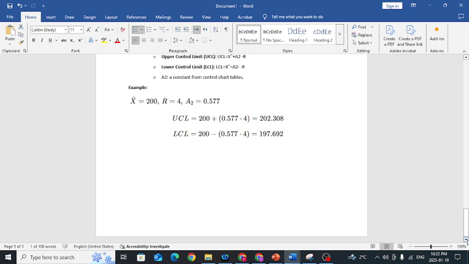If all points are within the limits and show no unusual patterns, the process is in control and performing as expected. So at first you find the X bar, then R, then the A2 from the constant table, and after that the upper and lower limits, and by examining your samples, you can find whether you are in control or not.